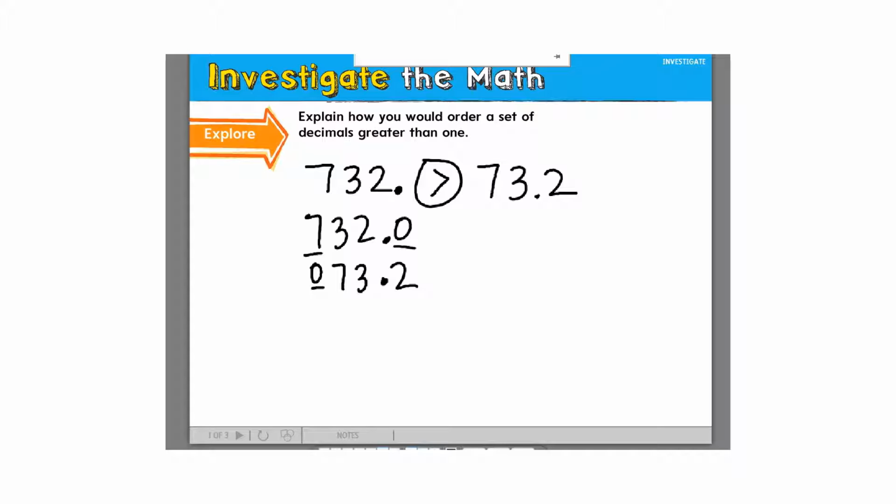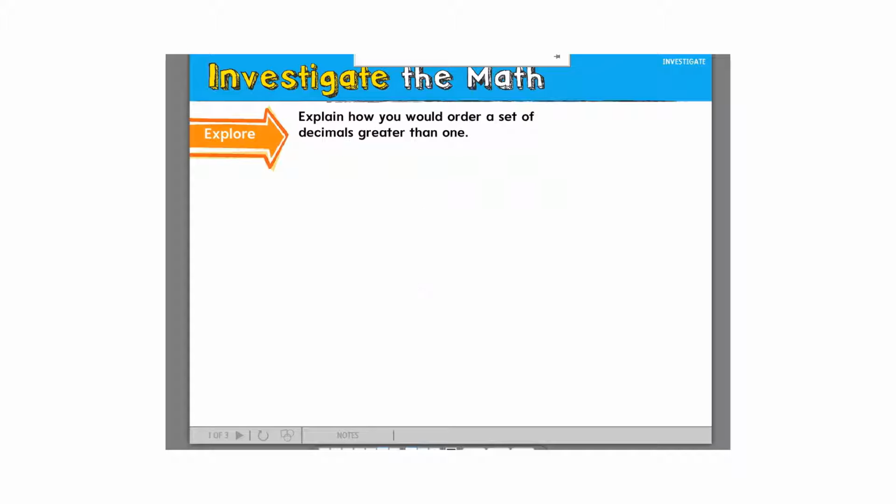So something else, one more little hint before we do one that we're going to put in order here. Any number that has a number in the ones place is going to automatically be bigger than one that doesn't. So for instance, you don't have to write this one, just look.